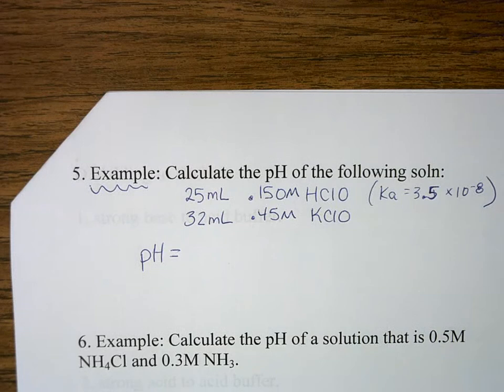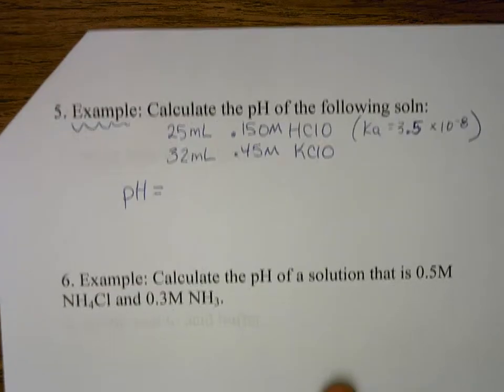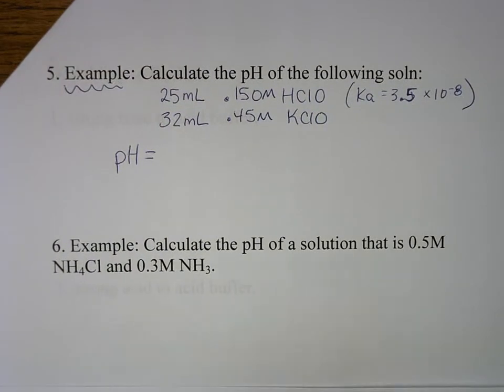Use the Henderson-Hasselbalch equation. The two solutions are separate to begin with, and you are adding them into one big solution. So you'll need to calculate millimoles of each one instead of doing M1V1 equals M2V2. And then plug stuff into your Henderson-Hasselbalch equation and see what you get for the pH, okay? Do that now.